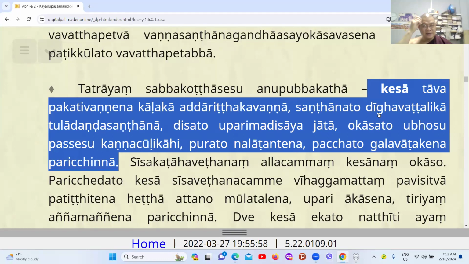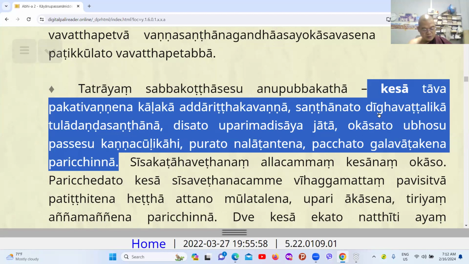Below it grows at its own root, atano mulatalena. Above is the sky; they are bound to each other. Dve kesa ekato natthi, so one root has only one hair growing there.